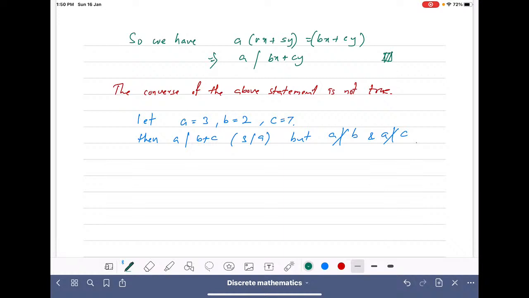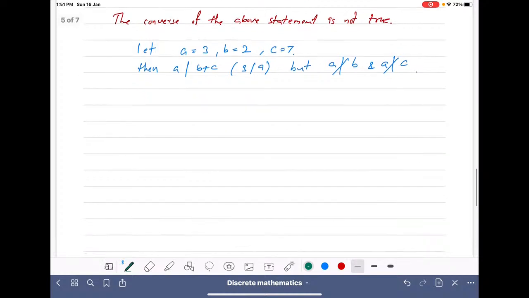Next, now let us do some questions or exercises. Exercise questions.